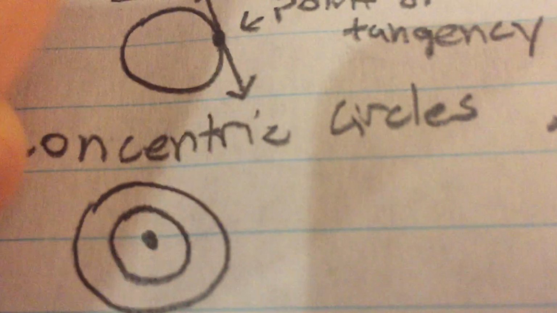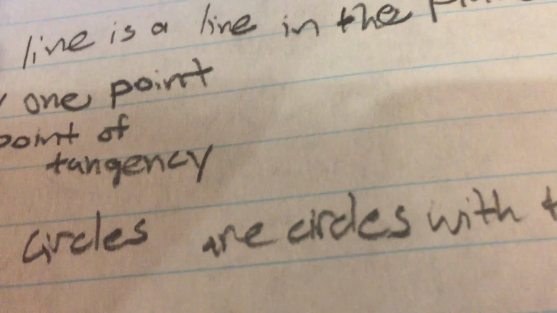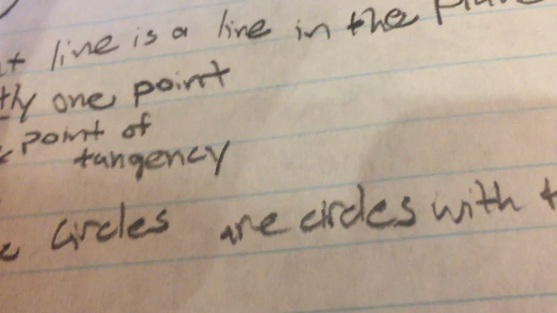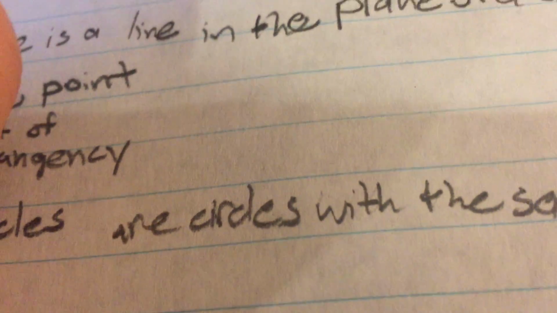And then an arc. That's the last definition. An arc is a part of a circle consisting of two points on the circle and the unbroken part of the circle between the two points.